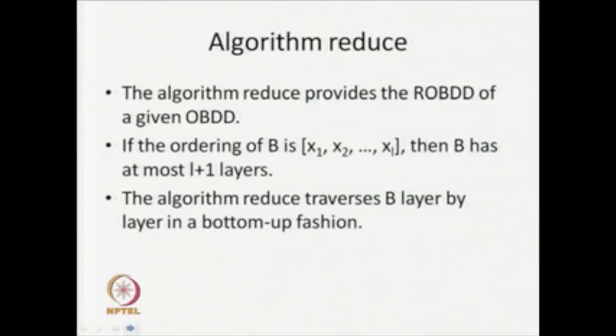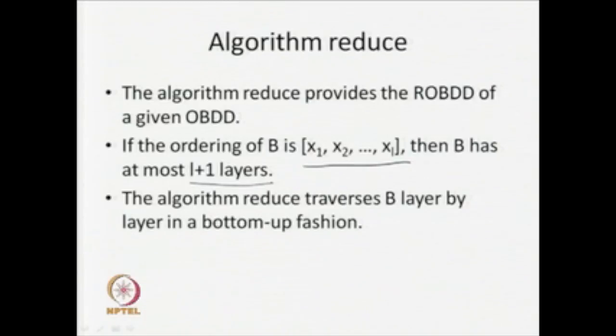If we look at an ordering of some variables, say x1 to xl, that means we have l variables, then we can have at most l plus 1 layers in our BDD. In some cases it may be less, because the function may be independent of a particular variable. The algorithm reduce will traverse the binary decision diagram B layer by layer in a bottom up fashion.